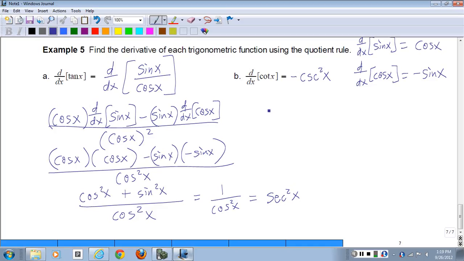If I write this as d/dx of cosine x over sine x, it looks like this.